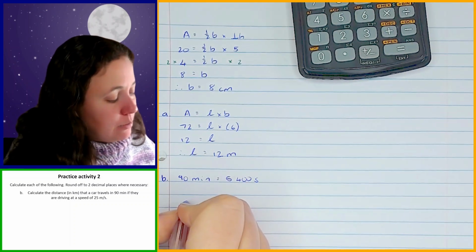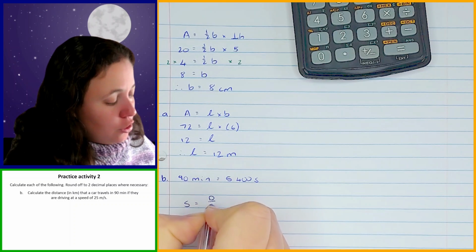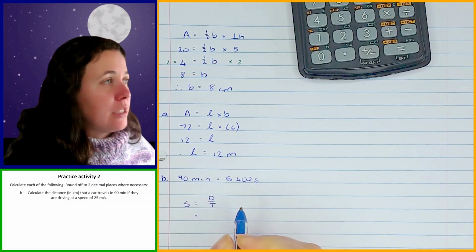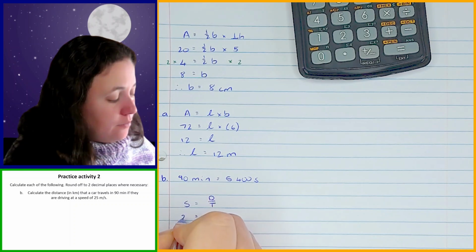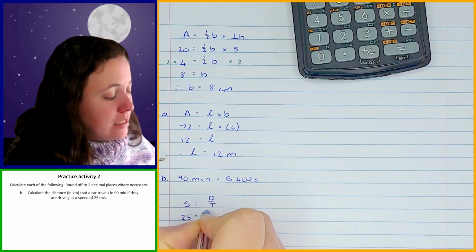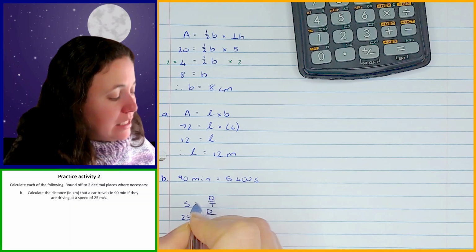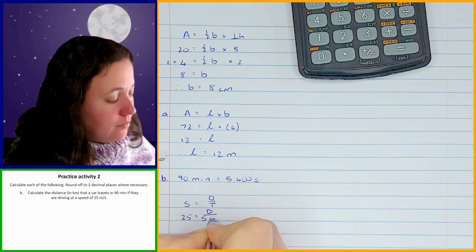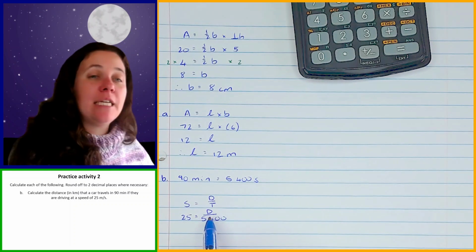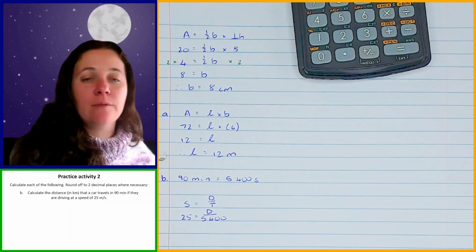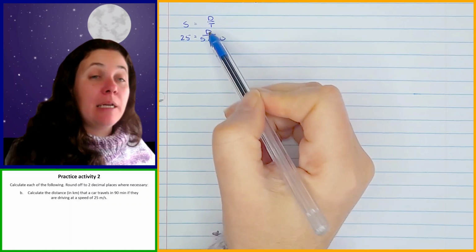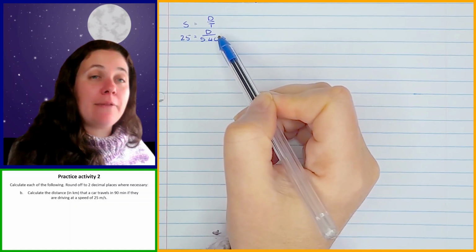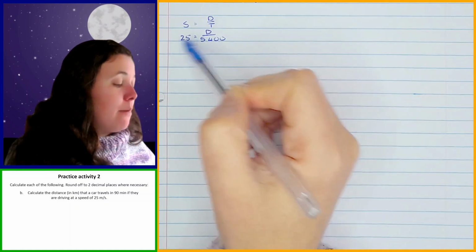Okay, so now I'm going to use that to work out my distance. Speed is distance over time. The speed is 25 meters per second, the distance is what we're working out, and the time is 5,400. Now to get the distance on its own in this equation, it's being divided by 5,400, so I'm going to multiply by 5,400 on both sides.